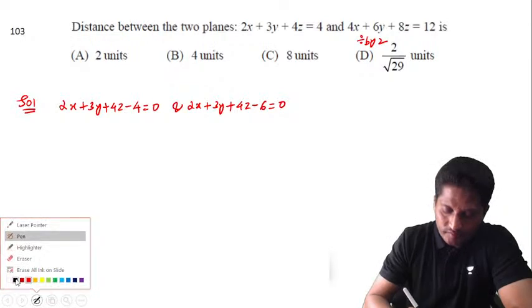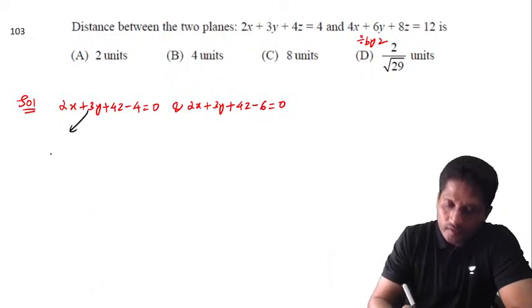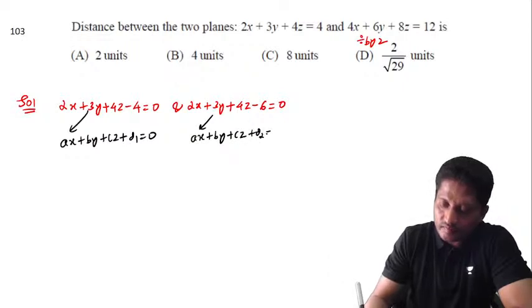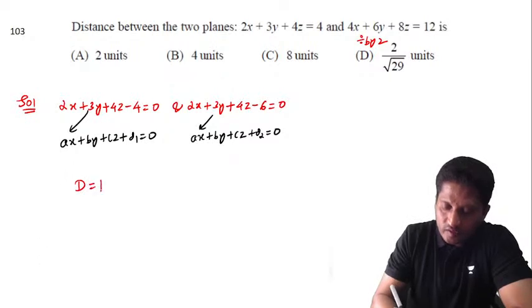This is of the form ax plus by plus cz plus d1 is equal to 0. Even this is of the form ax plus by plus cz plus d2 is equal to 0. Distance between the two parallel planes is modulus of d2 minus d1 by root of a square plus b square plus c square.